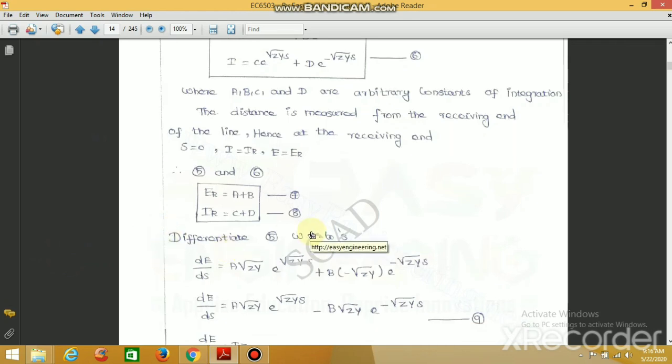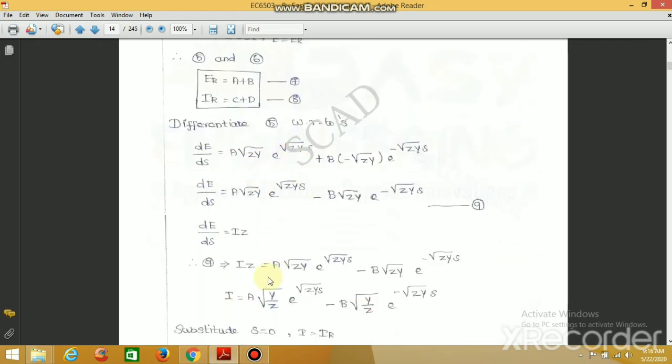So when we differentiate equation number 5 with respect to s, we will be getting I is equal to a into root of y by z e power root zys minus b into root of y by z e power minus root zys. You can look over these equations, especially up to equation number 9.